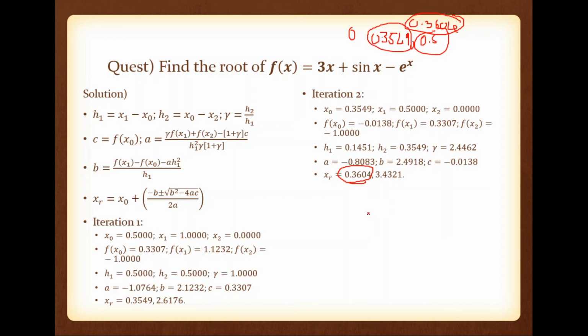So for iteration number 3, x0 is equal to 0.3604, x1 is equal to 0.5, then x2 is equal to 0.3549. Is it okay? So now what do we have to find? Once we have x0, x1, x2, we have to find f of x0, f of x1, f of x2.